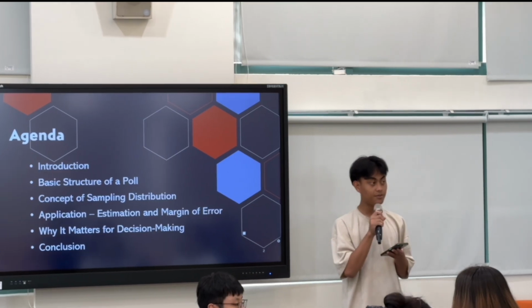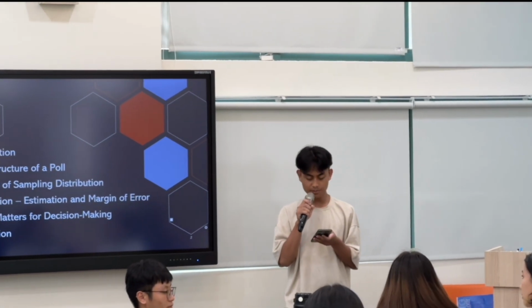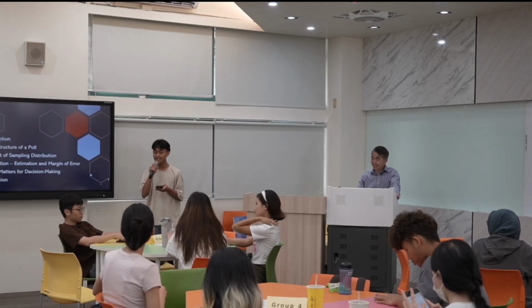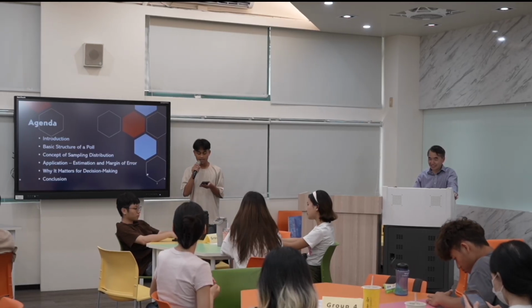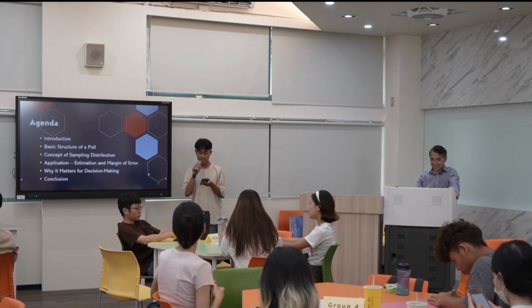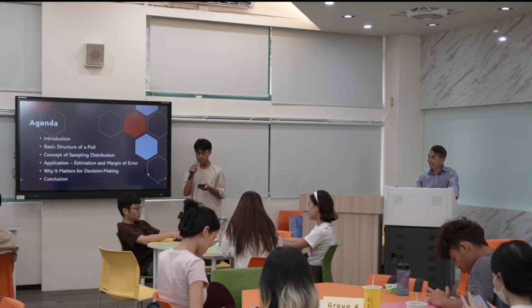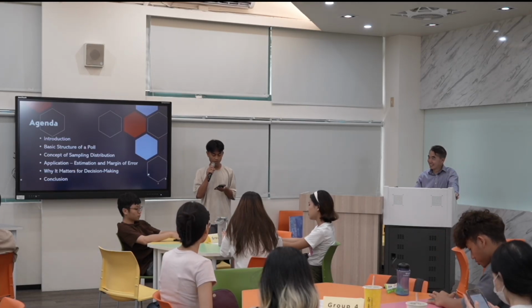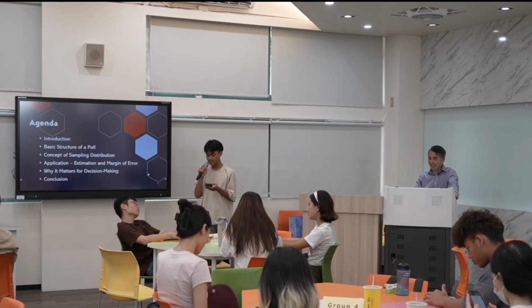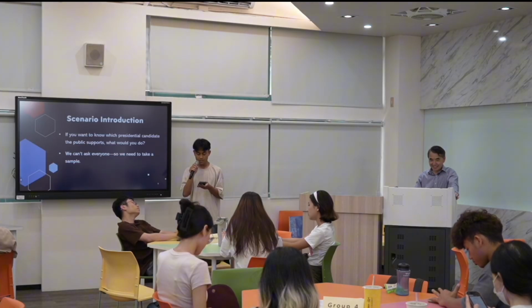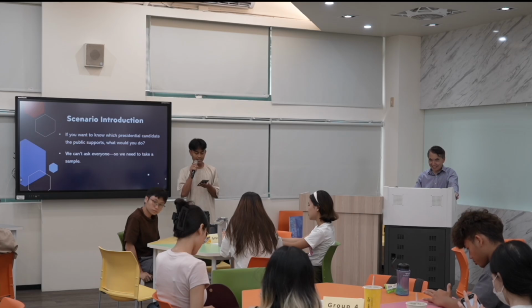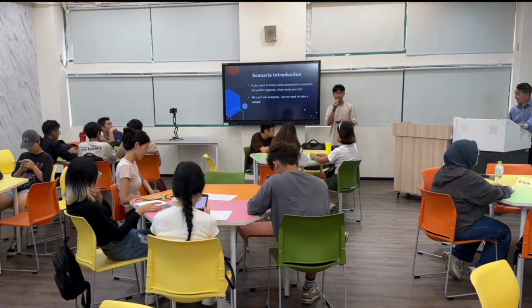How can just a few hundred or 1,000 people represent an entire nation? And more importantly, can we trust those numbers? In this presentation, I'll walk you through how sampling distribution works behind the scenes and how it helps voters make credible, data-based inferences about public opinion.